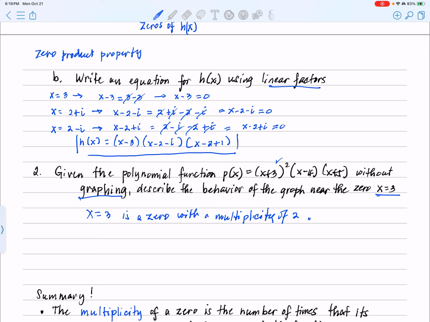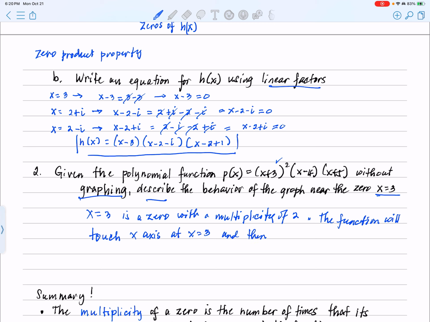So you are asked to describe. So the function will just touch. Remember the one I've shown you? And then what happened when it touched the x-axis or bounced at x equals 3. So it just touches at x equals 3 and then turns.